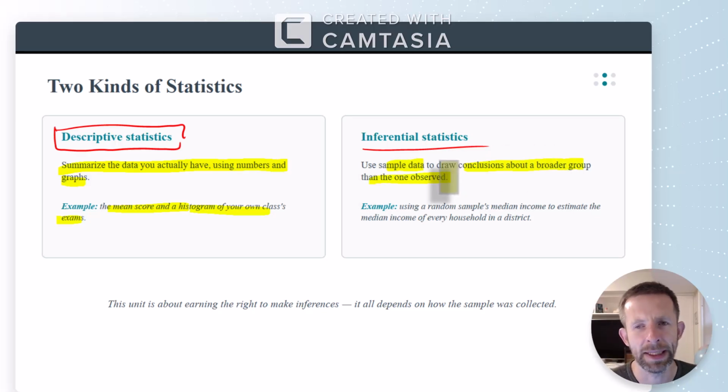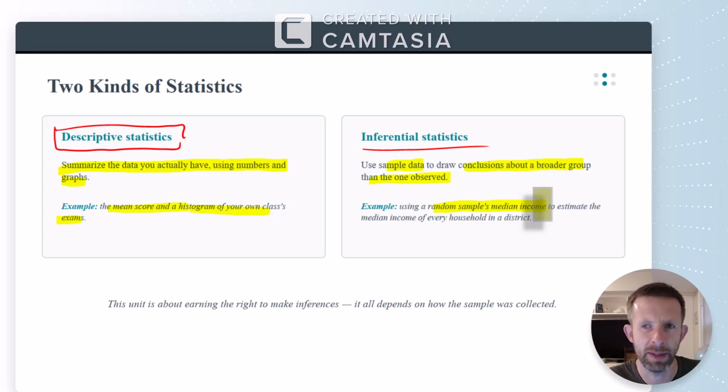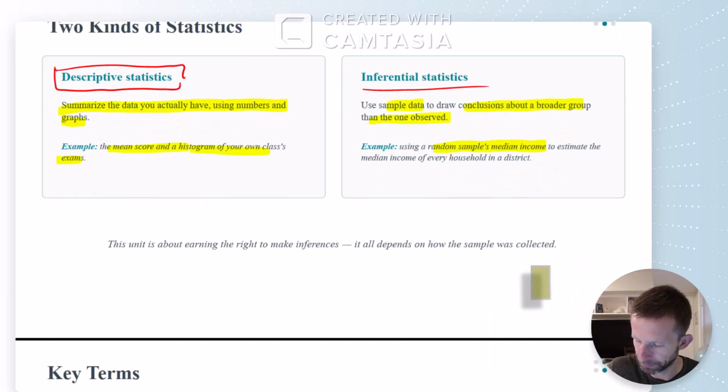For example, I have a random sample of people and I find the median of that sample, and then I use it to generalize about the median income of every household in a certain district. So inferential statistics start with a sample and you make inferences about a population.